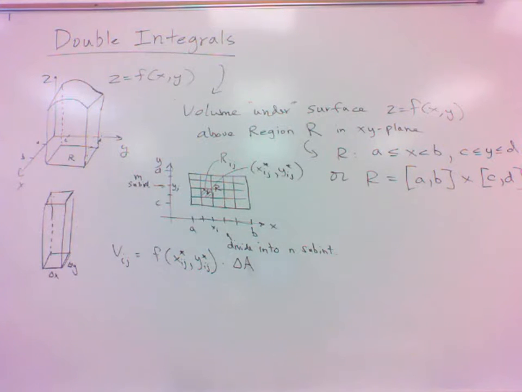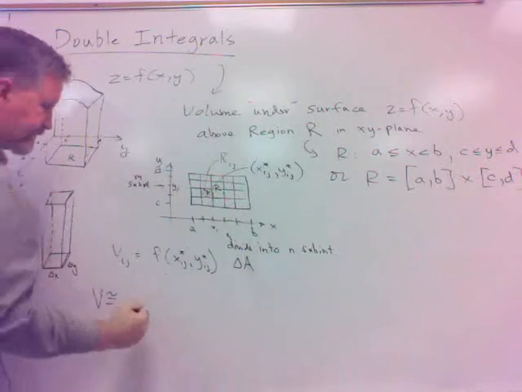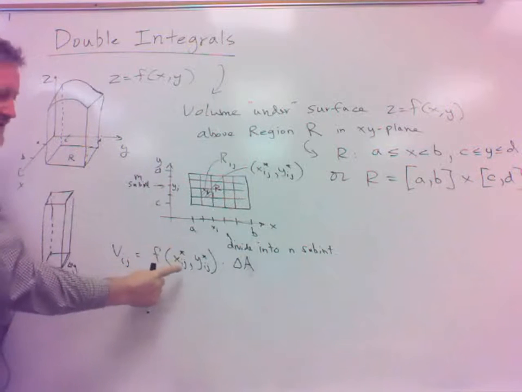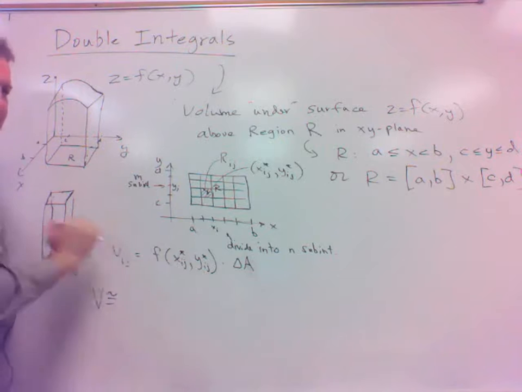Okay. All right, well, if we then sum up all of those, then the volume that I have represented here is approximately equal to the sum of all these, right? Now, here's the thing. As far as the sum goes, don't I have two things working?